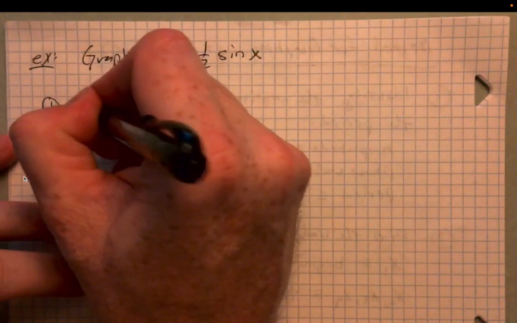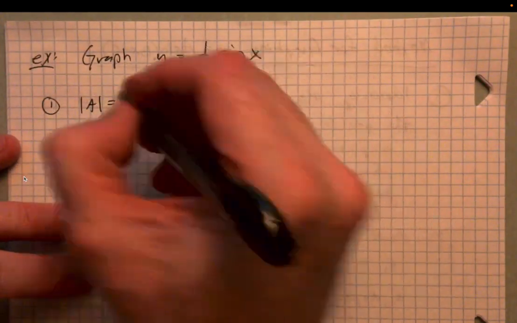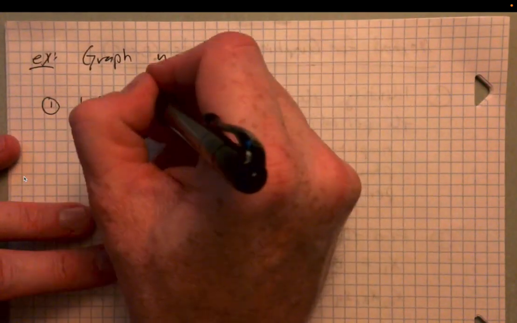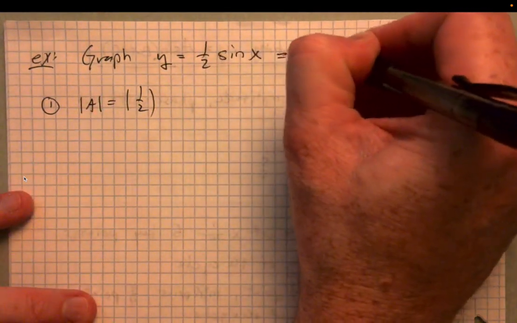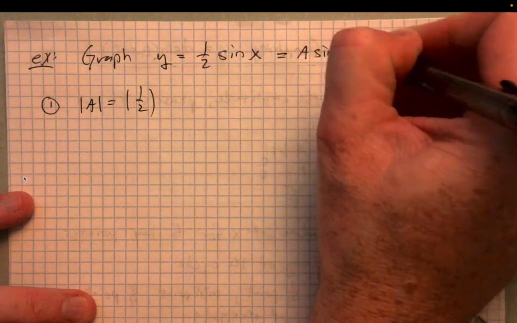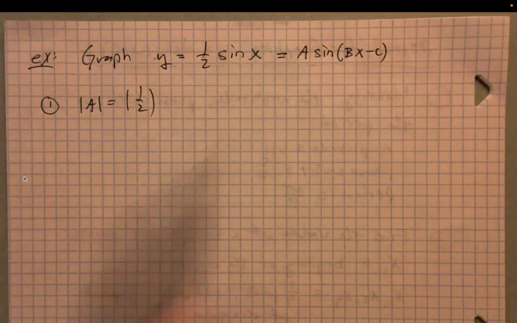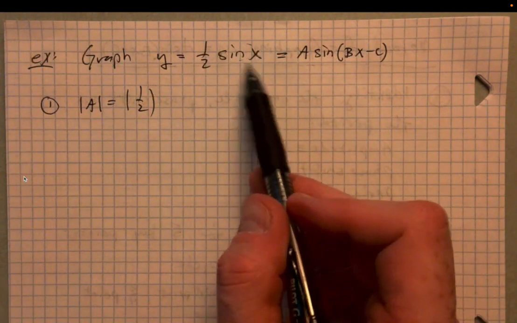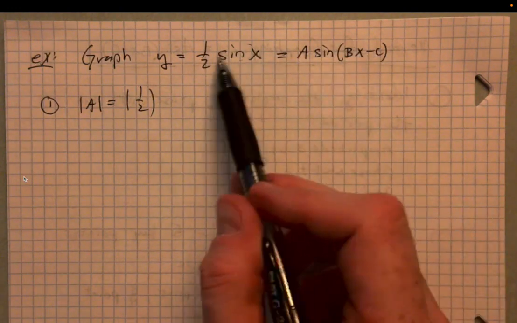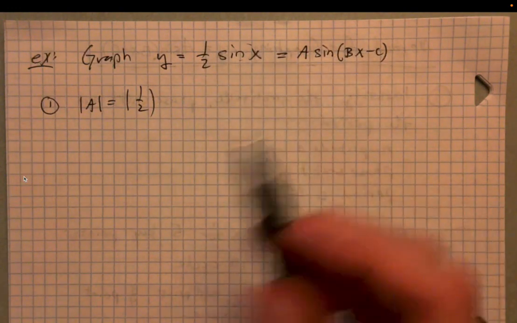So the amplitude is the absolute value of 1/2. Remember, this is your a times sine of bx minus c. You have to keep in mind that this is adhering to this form, and for example, we don't see a c here. That just means c is equal to 0.